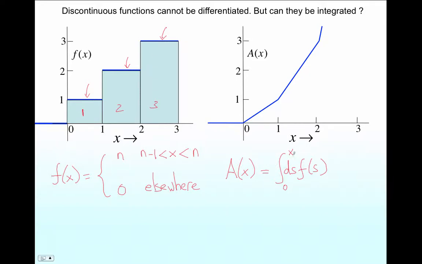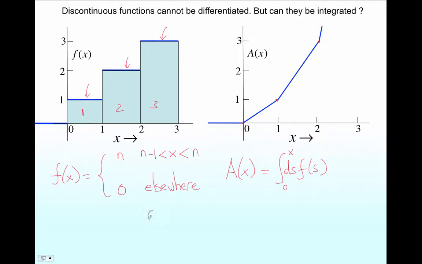You can see that if x is 1, then the area is 1. When x becomes 2, the area becomes 3, and so forth. In between the integers, you can see that it rises linearly, and it's all connected.